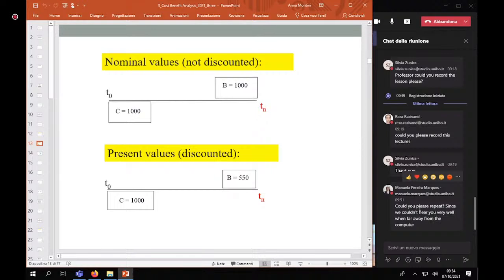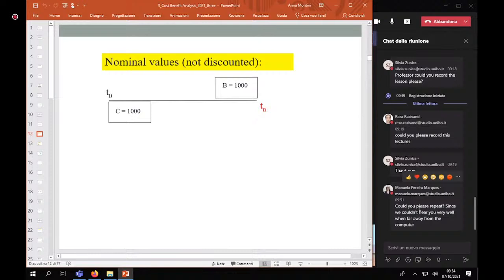Okay, sorry Manuela, because I have spoken without the microphone when I was far from the desk, but a colleague of you has told that a project like this with a cost equal to 1,000 and a benefit equal to 1,000 a year from now could be considered if we have an important aim. For example, if we have an important aim related to human life.